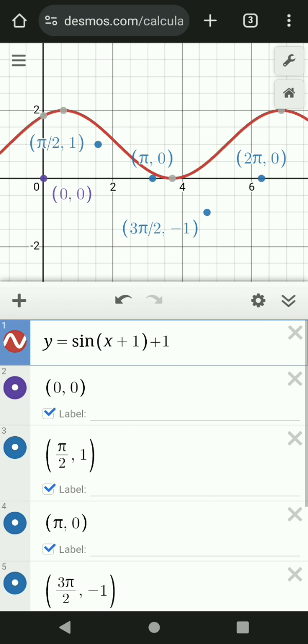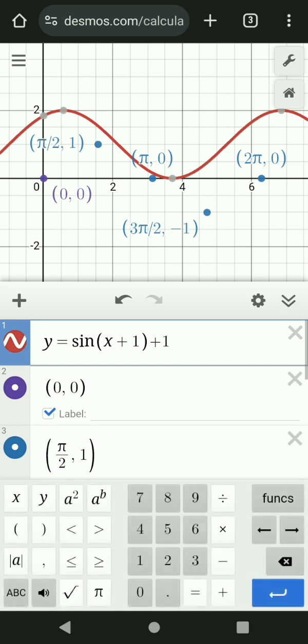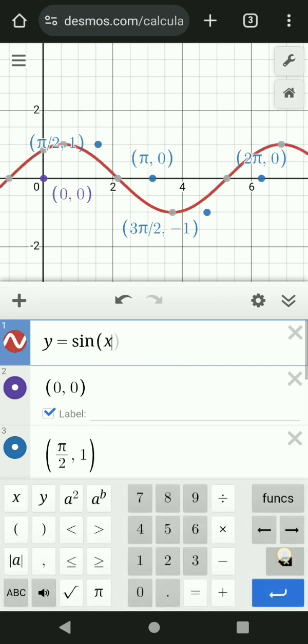So when we manipulate the range, it goes upward or downward, and when we manipulate the domain, it goes left or right.